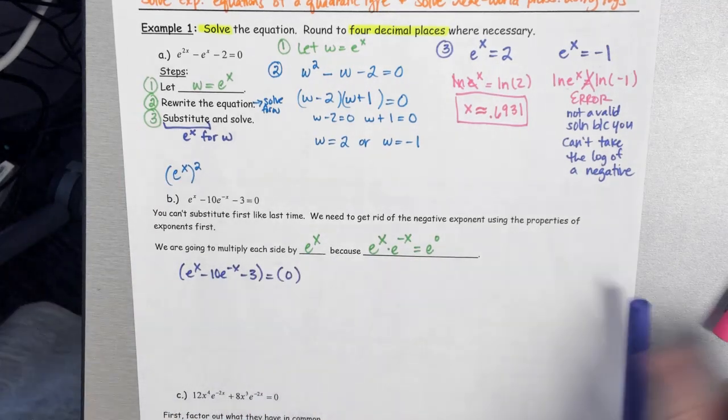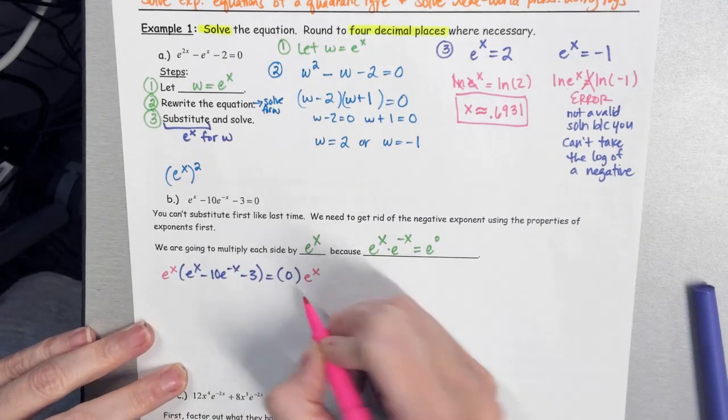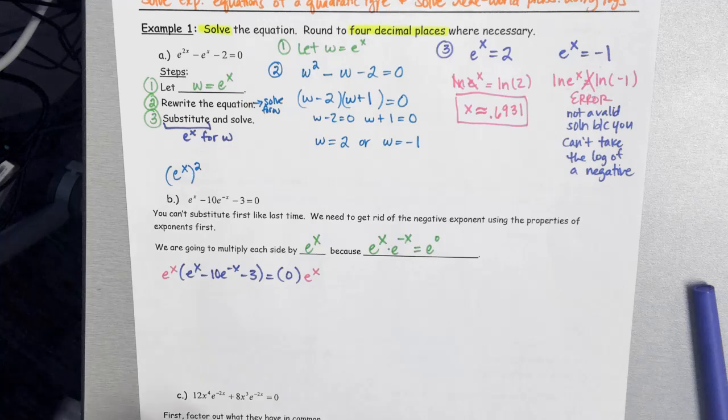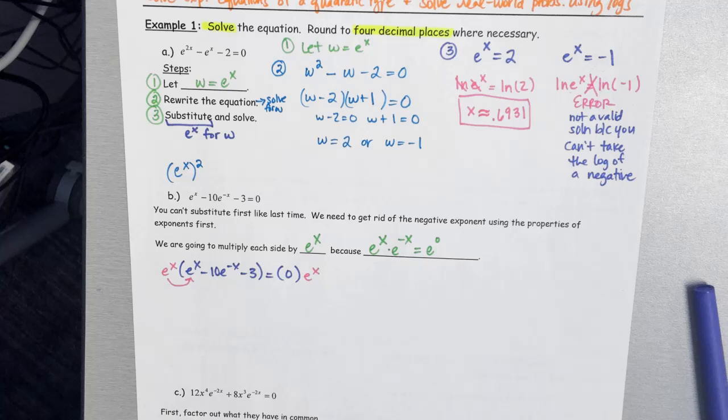Okay, and then so you multiply both sides, and then you guys are just going to distribute. Now, of course, anything times 0 is going to be 0, okay? But I want you to distribute here. So what's that going to be? Write it. I want you to write it down. So I want you to think about that. When you're multiplying by the same bases, what's going to happen?